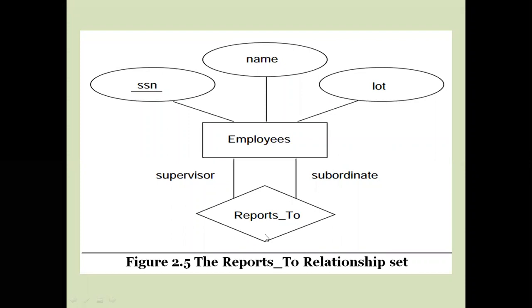From the exam point of view, the same question is asked a number of times. So how do we use the reports-to relationship? How do we give a single unary relationship? If we consider two entities, it is a binary relationship. If we consider three entities, it is a ternary relationship. If we consider a single entity with the relationship set, that is the reports-to relationship.